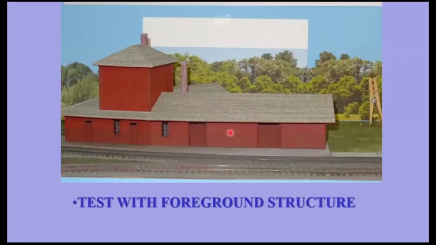Then I put this depot in, which is kind of a pared down model of a junction depot in Cameron, Wisconsin, that no longer exists. And I wanted to test things with the foreground structure before I actually glued these trees on here.